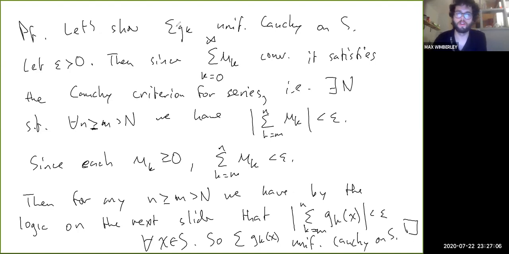That means that the partial sums form a uniformly Cauchy sequence on S, which means that they converge uniformly on S, which is what we were trying to show.